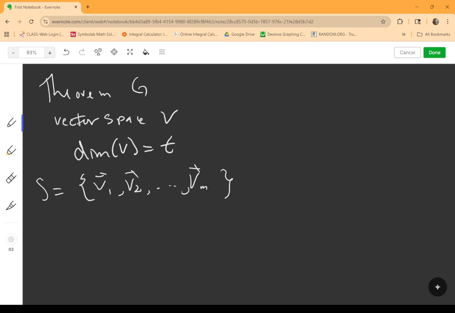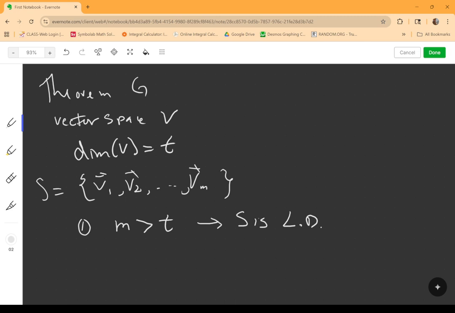Now here we have the first two conditions, right? The first one, M greater than T, S is linearly dependent. It may span the vector space, okay?